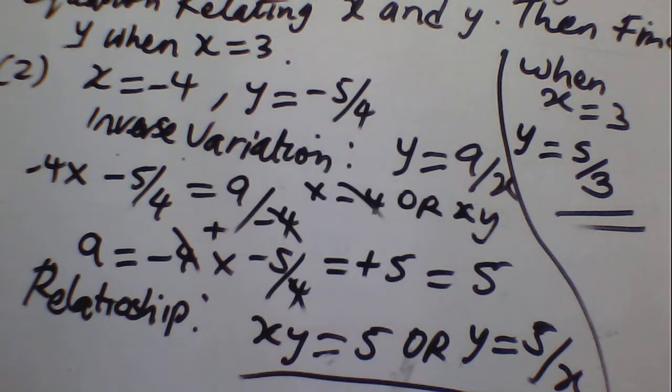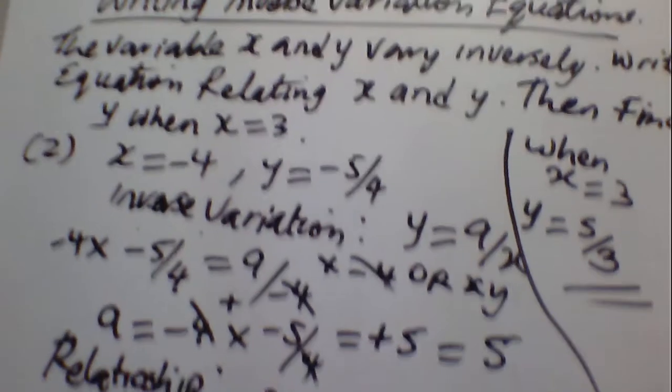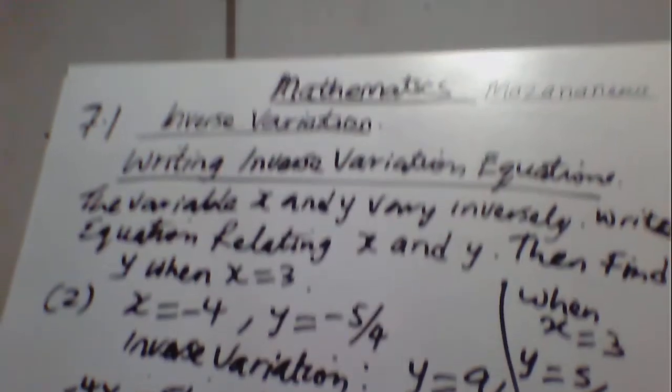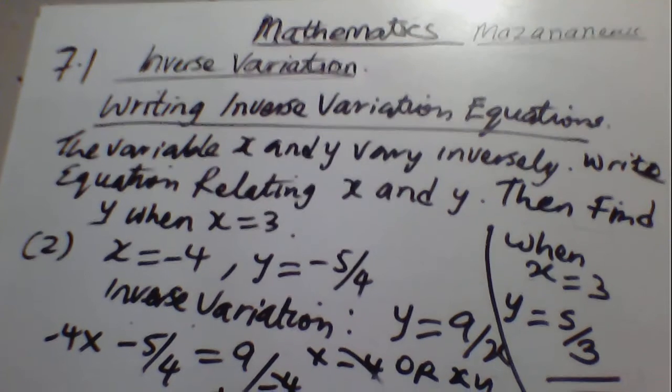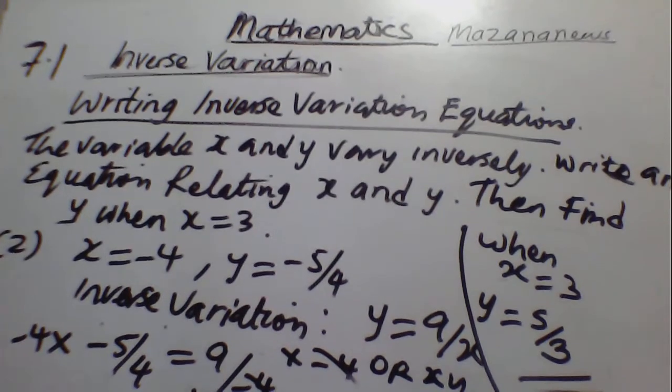So this is the value of y when x is equals to what? 3. Any question? If you don't have any question, we can proceed to solve more examples and then we move to the next section.